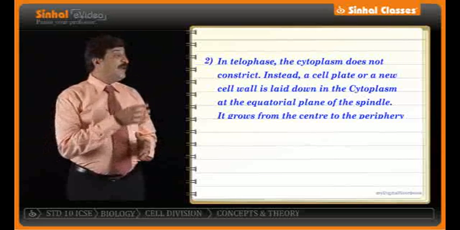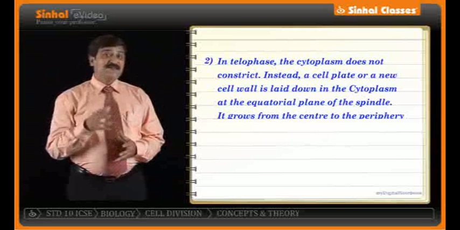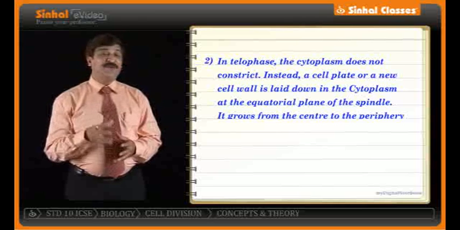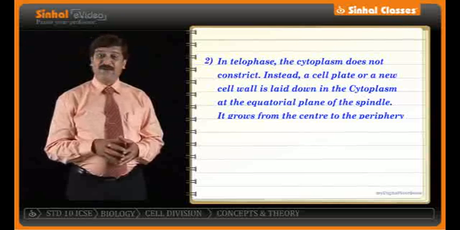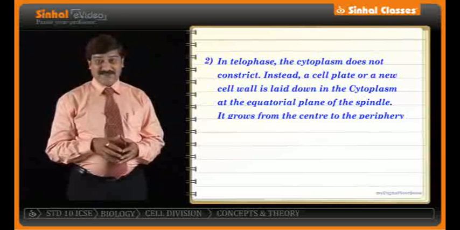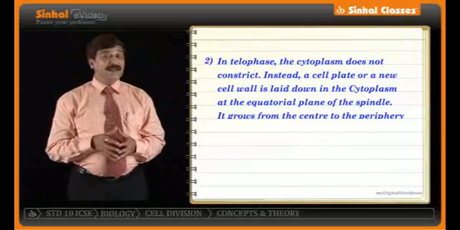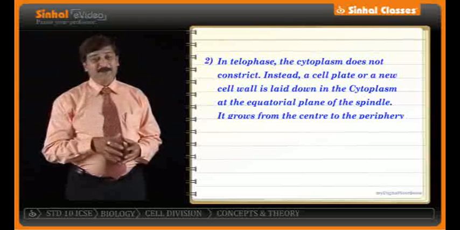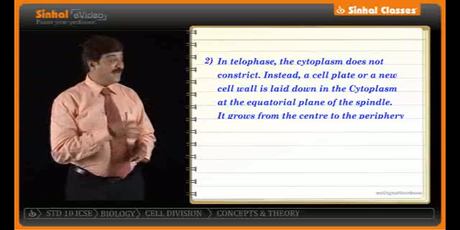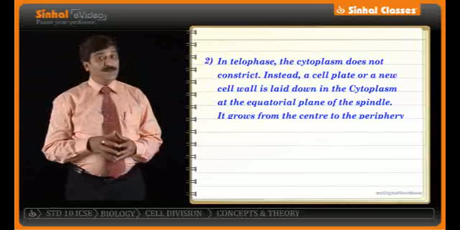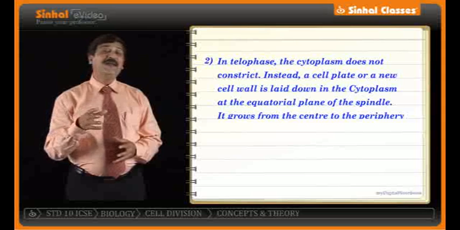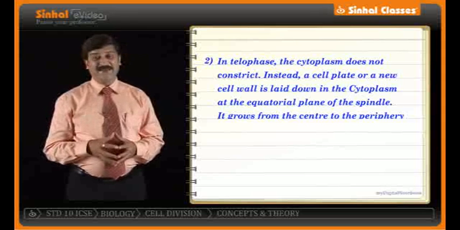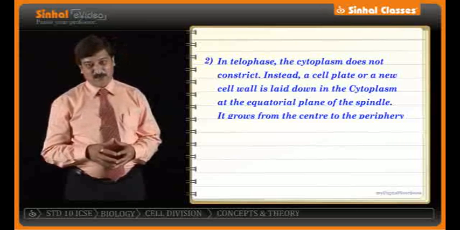When such a cell plate is formed, it totally differs from the animal cell, where in cytokinesis the cytoplasm divided by formation of a furrow. Here, it is a plant cell. And when we use the word cell plate, it means that when the two daughter cells are formed, the outer covering would definitely be the cell wall.